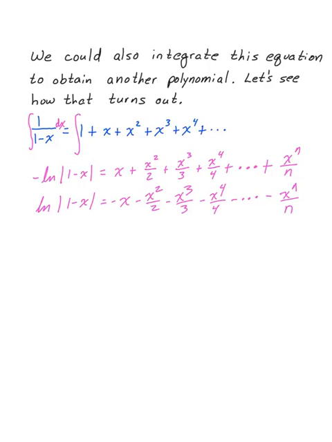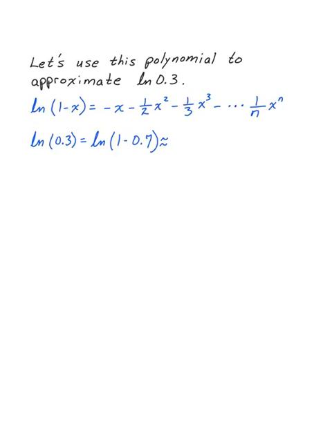All right, so let's see how we can use this particular function. This says, let's use this polynomial to approximate the natural log of 0.3. Now, 0.3 is what we're trying to find the natural log of, and that would be a calculator question normally, but we can get a pretty good approximation of it by using our Taylor polynomial here.